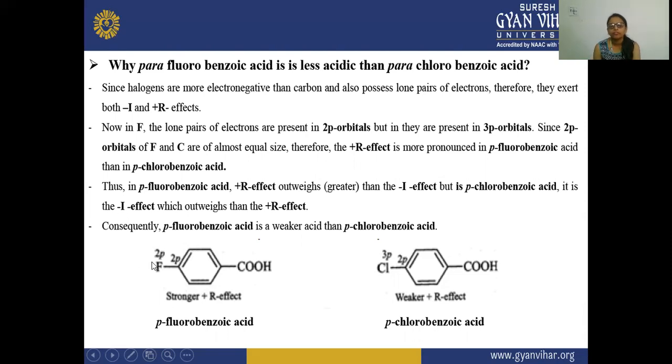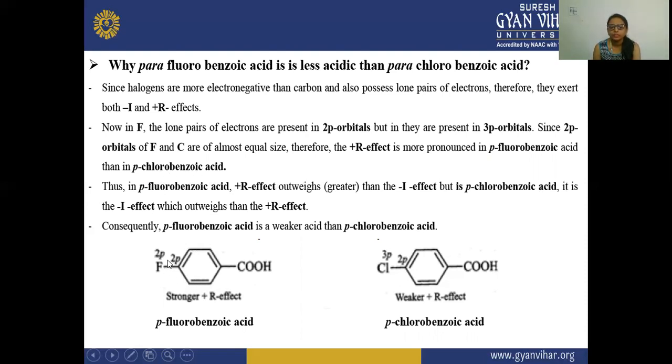In the case of fluorine, the lone pair of electrons are present in 2p orbitals, but in chlorine they are present in 3p orbitals. Since the 2p orbitals of fluorine and carbon are of almost equal size, the plus R effect is more pronounced in para-fluorobenzoic acid as compared to para-chlorobenzoic acid.